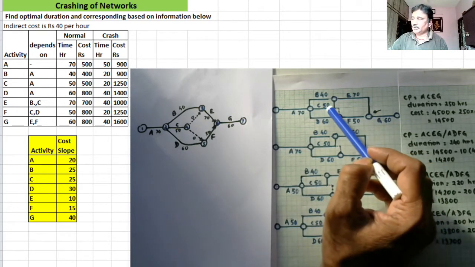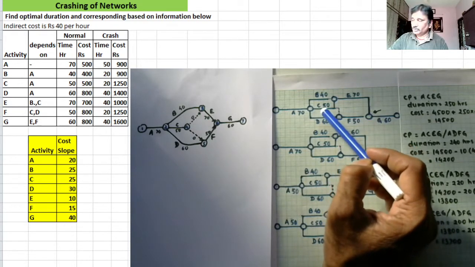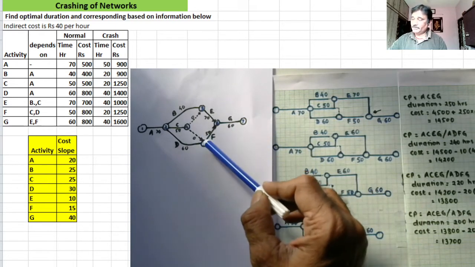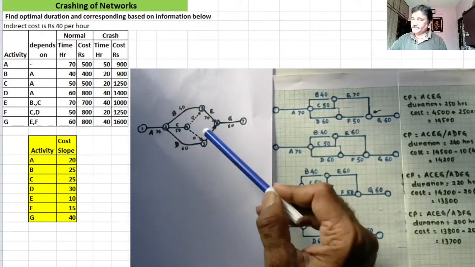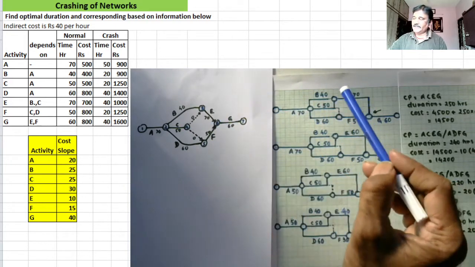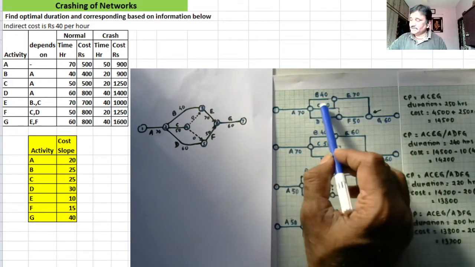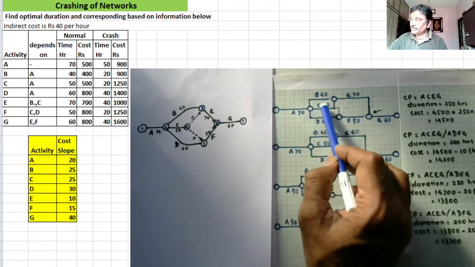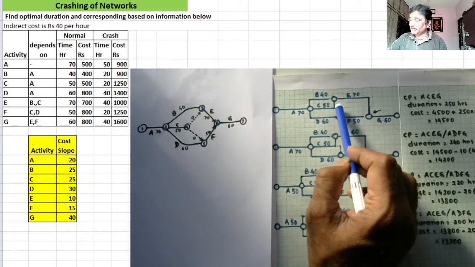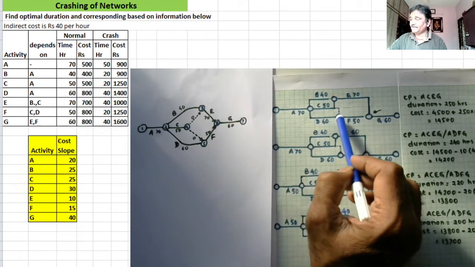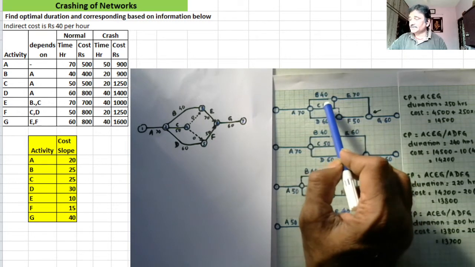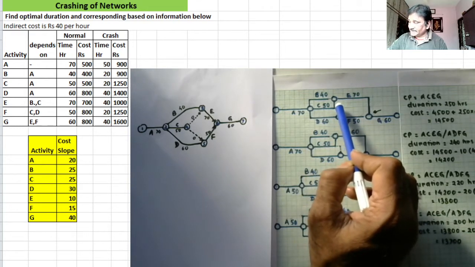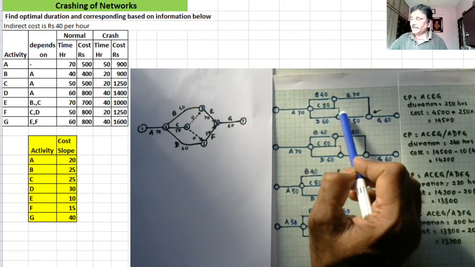Now that I have drawn activity E, I have to look into the lower dependency. C and D will unite at a point. They will complete at this node, and after that activity F will start. C takes 50 hours and D takes 60 hours. So you have a vertical line coming down from activity C. But I know that activity C is completed in 50 hours, so the latter part after activity C is represented by a dotted line.